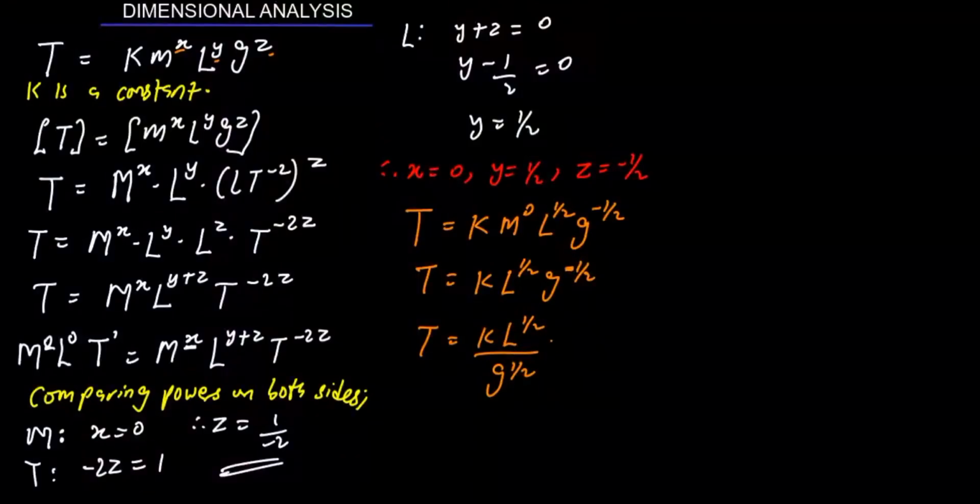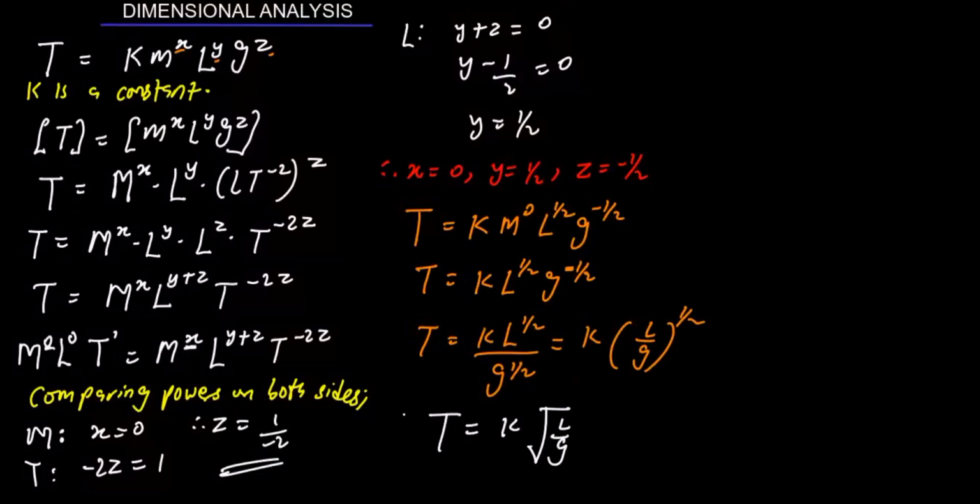I can write it as K L over g, then put the power of half. I can still separate it back for both of them. So remember, anything raised to power half is square root. Therefore, I have T equal K square root of L over g. Now, it makes sense. So that is the final answer using dimensional analysis.